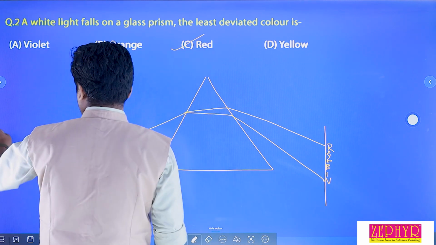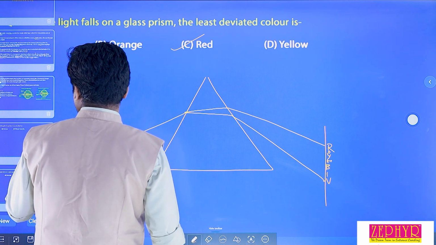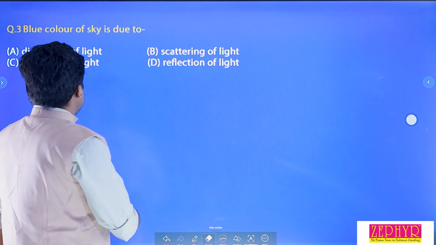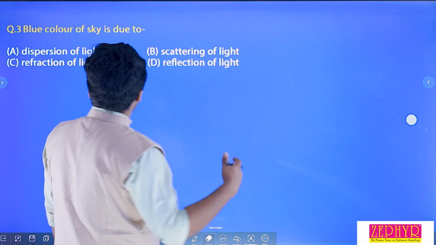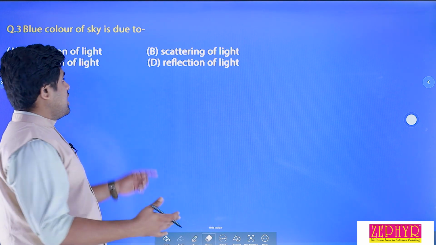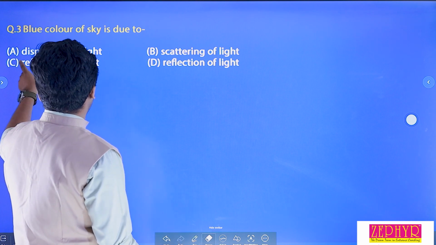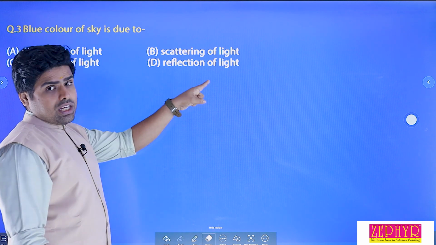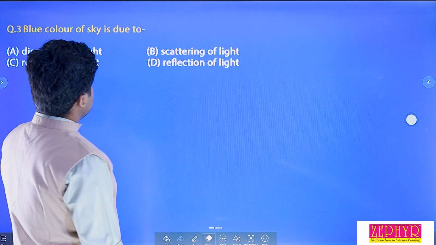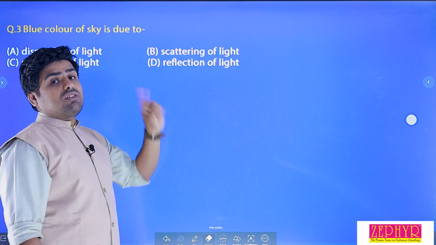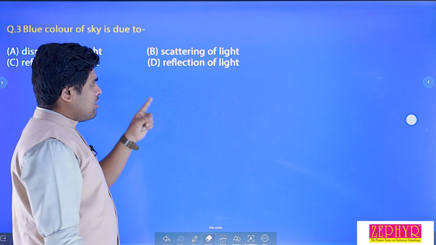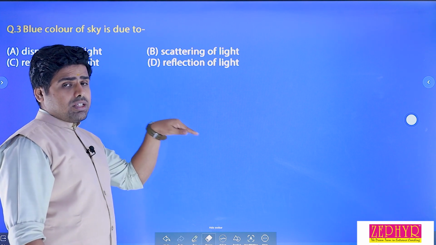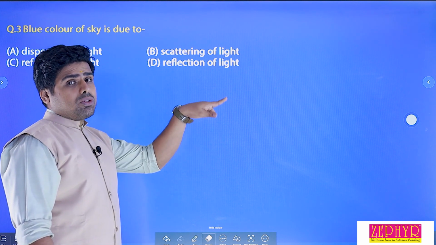Then our next question: the blue color of the sky is due to. See the four options: 1, dispersion of light; 2, scattering of light; 3, refraction of light; and 4, reflection of light. What is reflection? Reflection means when a light ray hits a smooth surface, it bounces back to the same medium.